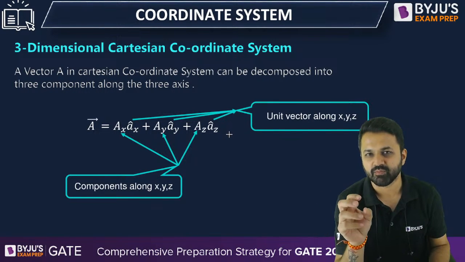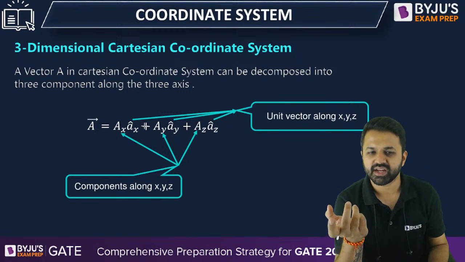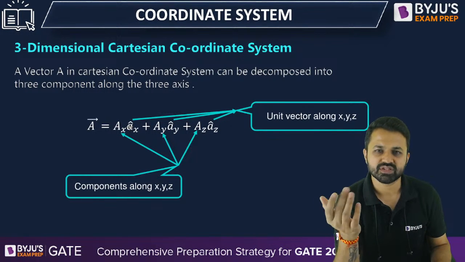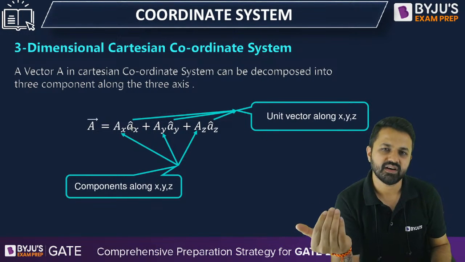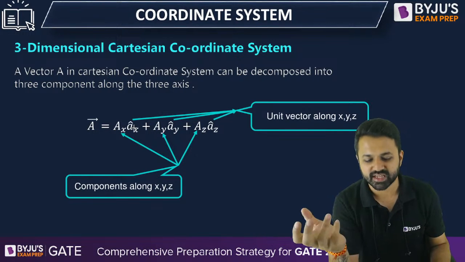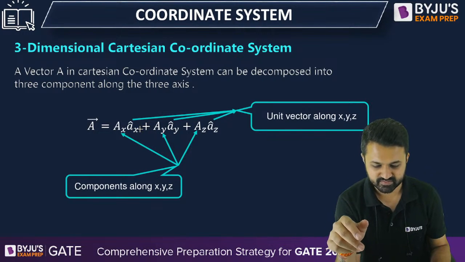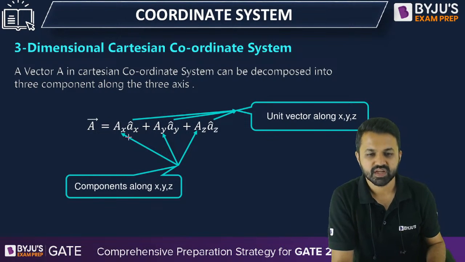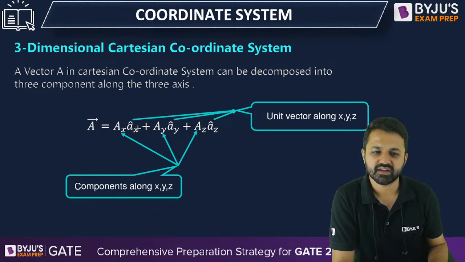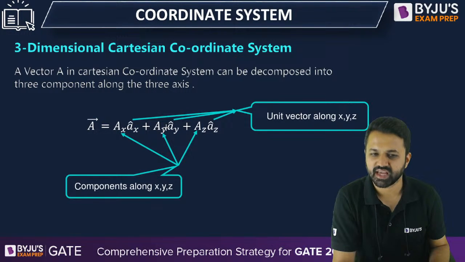It may or may not have some components, but in general, let us suppose the vector has all three components x, y, and z. So Ax times ax cap plus Ay times ay cap plus Az times az cap.